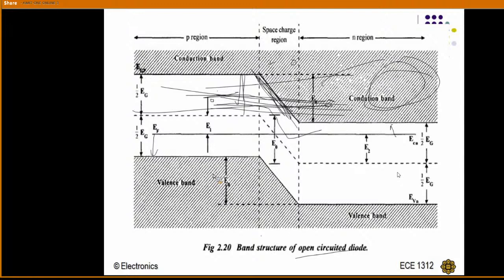That is what I discussed till now. The band structure also I discussed: what is the status of the conduction band, the status of the valence band, and where the Fermi level is.